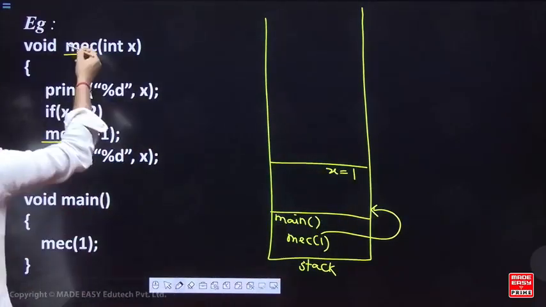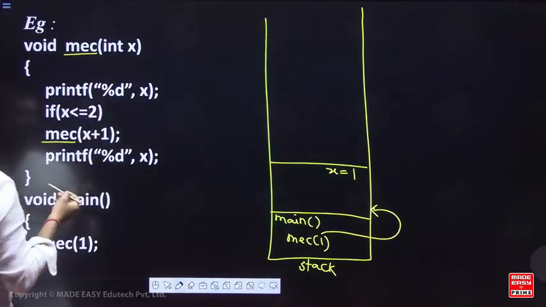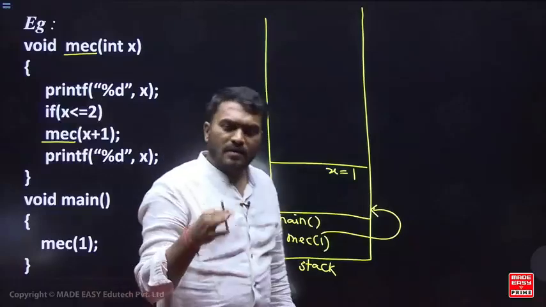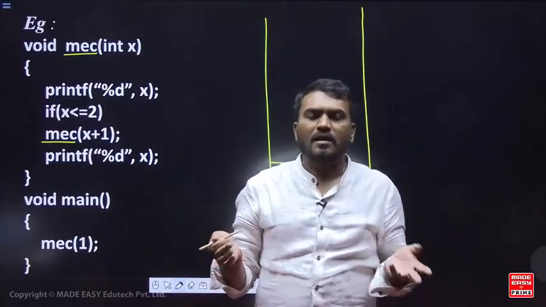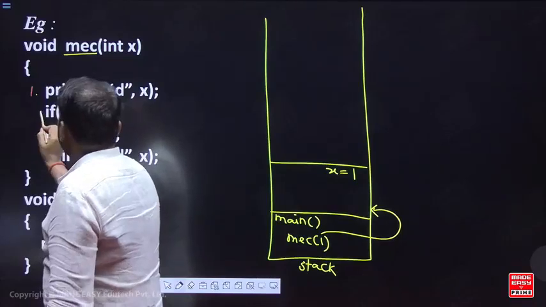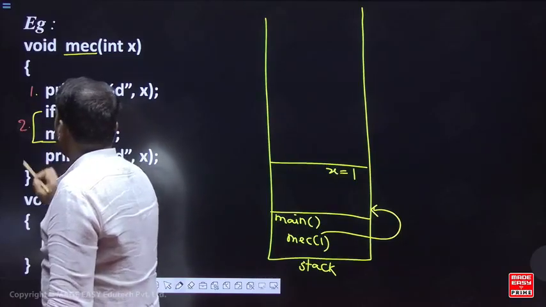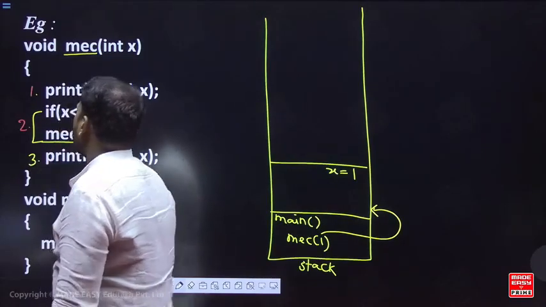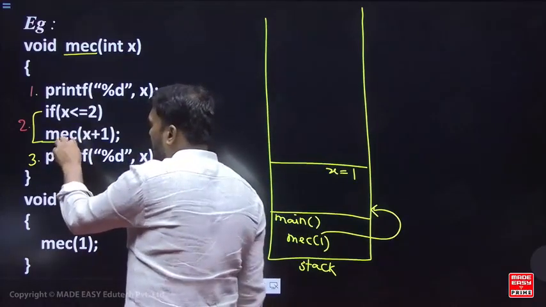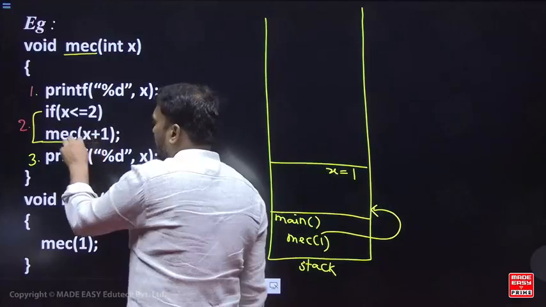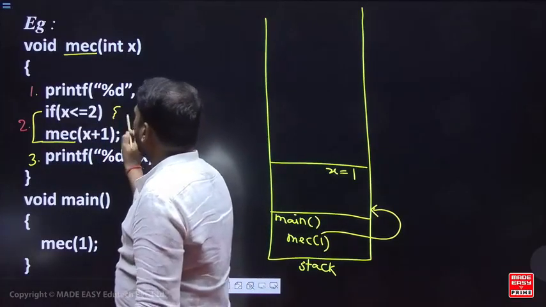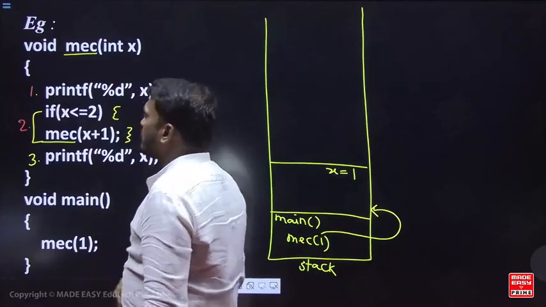And remember, whenever you call this MEC function, how many statements are there? Just for easy understanding, we will give numbering. This is the first statement, and these two together let's say the second statement, and this is the third statement. Because the if condition is there, MEC of x plus 1 is called inside the if condition. If you want, you can write an open bracket and a closing bracket here.